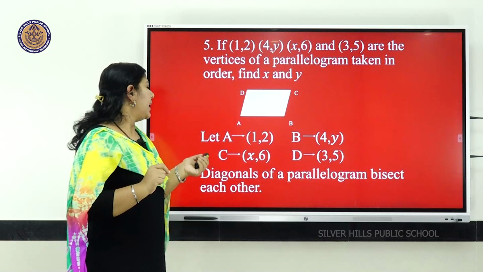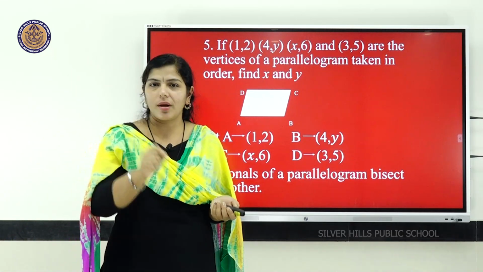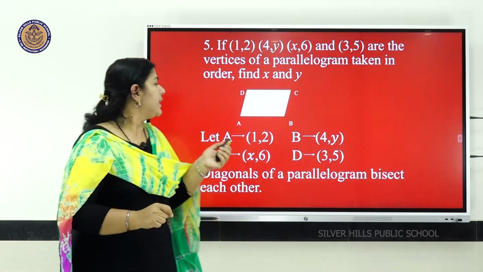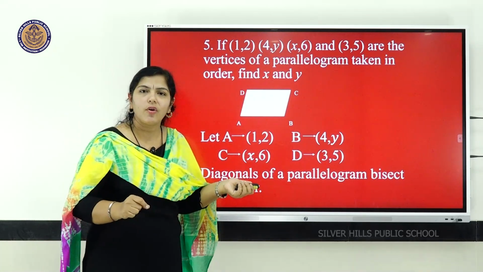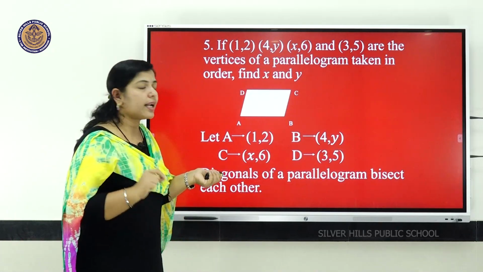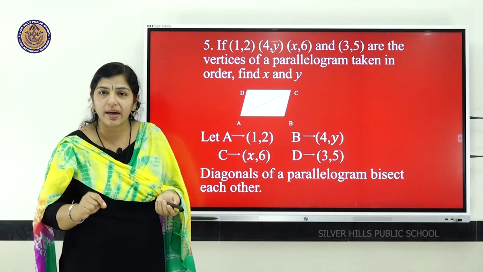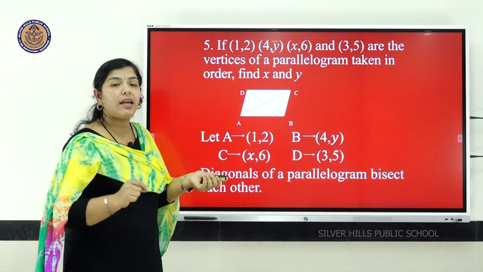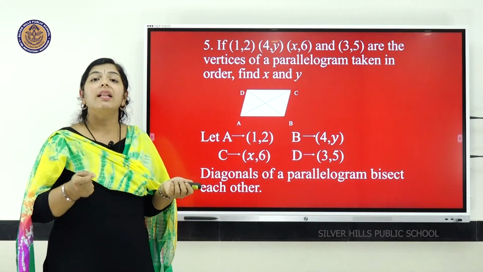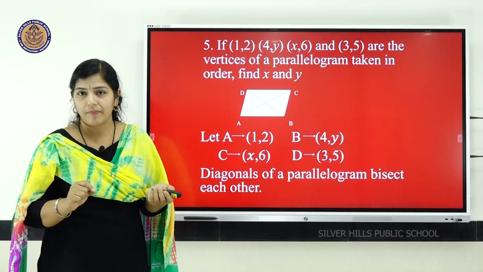Okay. Then using the property of parallelogram, which property? The diagonals of a parallelogram bisect each other. Which are the diagonals of the parallelogram? AC is one diagonal, BD the next diagonal. These two diagonals bisect each other.